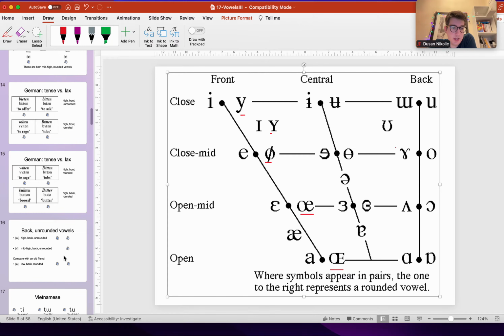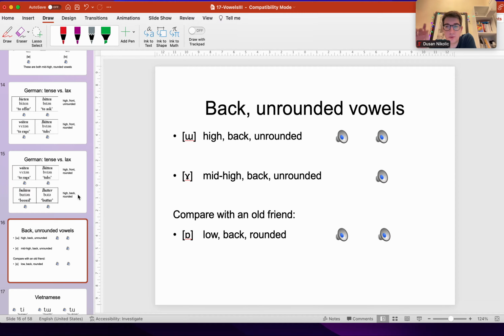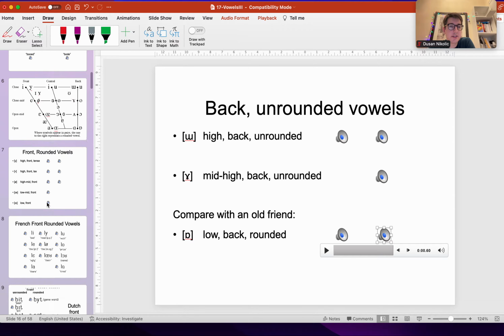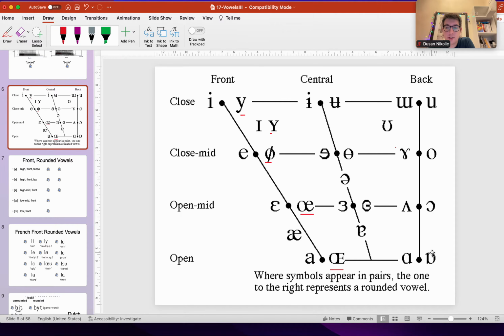That's why I was okay with you transcribing them both ways, although I'd prefer schwa in some places. Okay, so compare this to these two with an old friend, which is also rounded. Here, as I said, it's the same. So this one is rounded, this one is unrounded, and we learned about both.